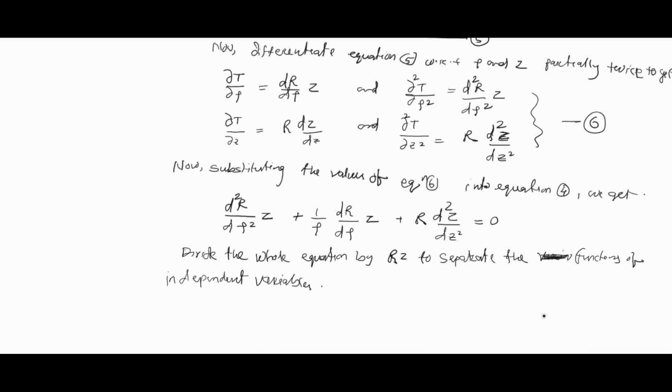So how can you do that? By dividing it by RZ. So what you will get? That implies 1 by R d square R by d rho square plus 1 by rho into 1 by R dR by d rho plus 1 by Z d square Z by dZ square equal to 0.